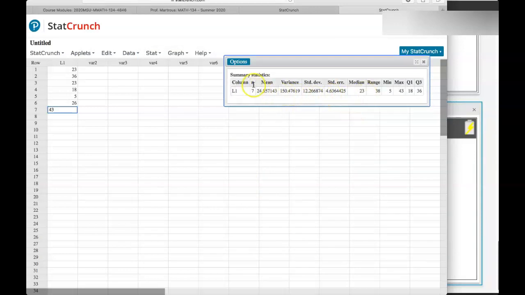Now we have all these, n is 7, mean. We're gonna work on that one. Example number 4. Example number 4, again, we have the same data set. And I'm going to have the same number that we got here, 24.571.